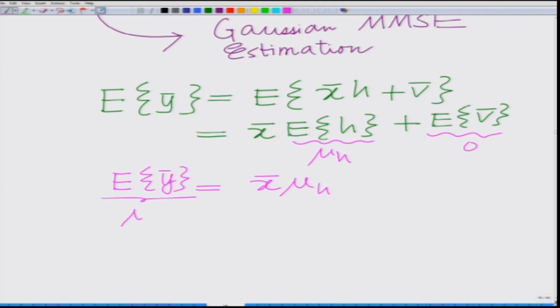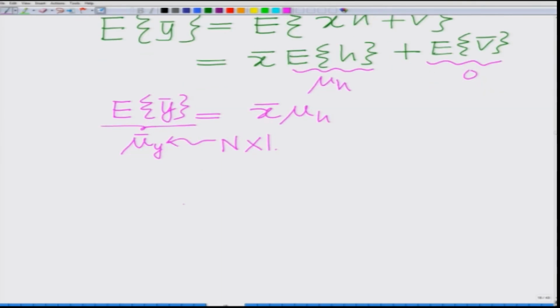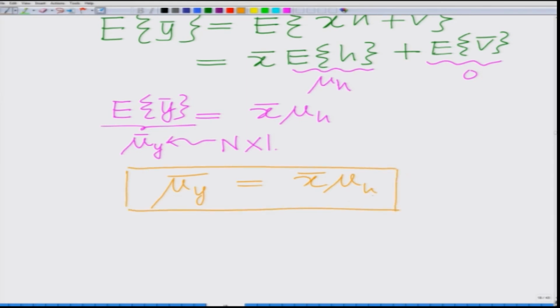We can also represent this as mu bar Y, which is basically, by the way, since Y is an n cross 1 vector, mu bar Y is also an n cross 1 vector. Therefore, let us rewrite this clearly: mu Y bar equals x bar times mu of H. This is an important result.